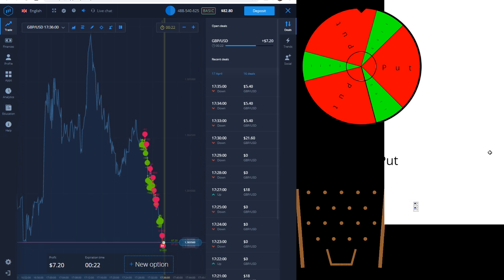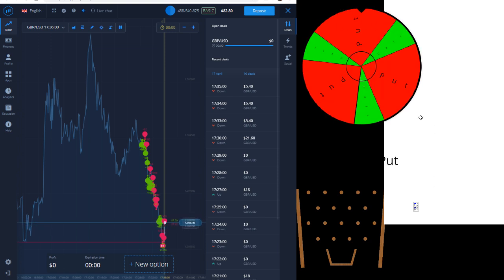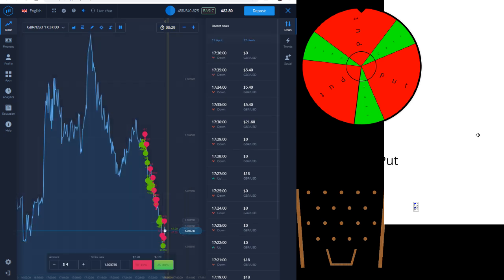So that means I need to double up on my amount. That will take about 10 trades. But if I get wrong, I'm in trouble. Spin the wheel. And we are wrong there. So our next one is going to be €9.